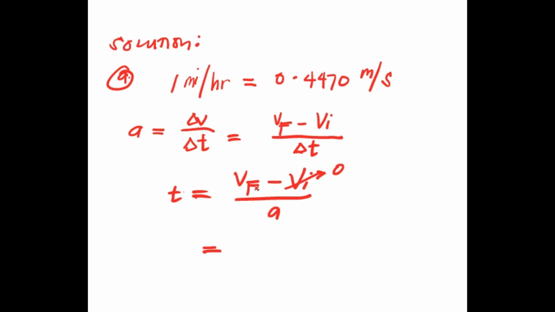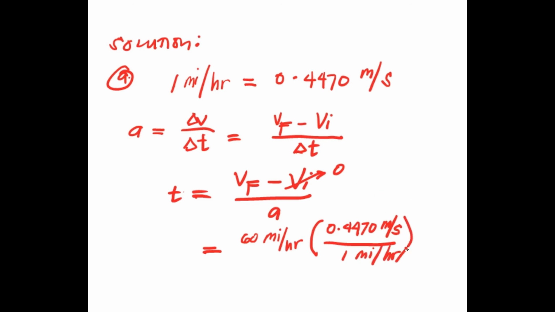We first convert the final velocity to meters per second: v final is 60 miles per hour times 0.4470 meters per second per 1 mile per hour, minus the initial velocity of 0, all over the acceleration 2.35 meters per second squared.